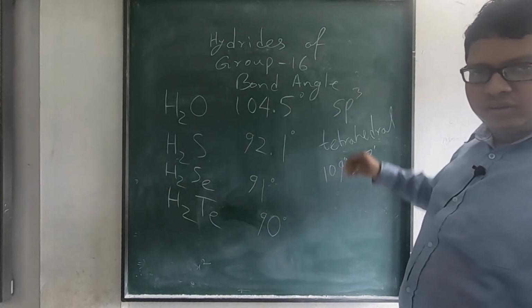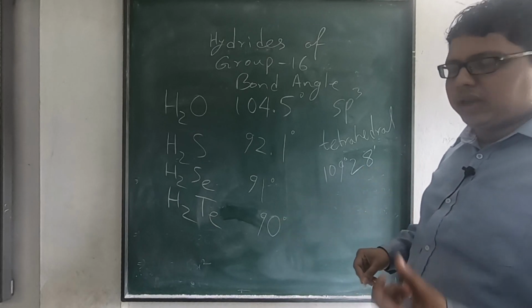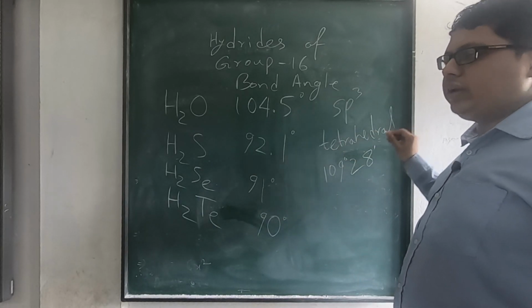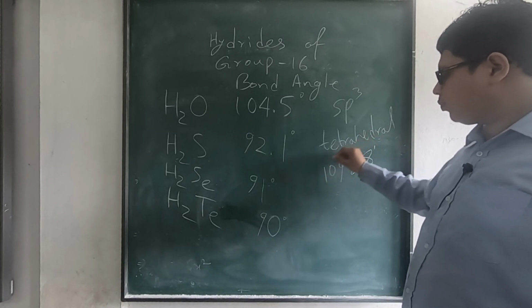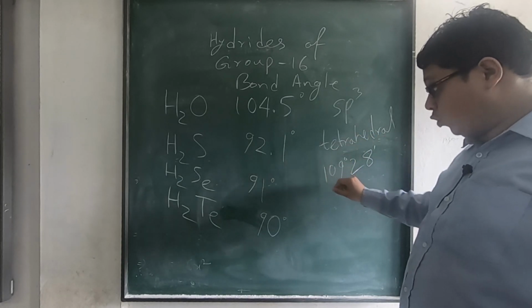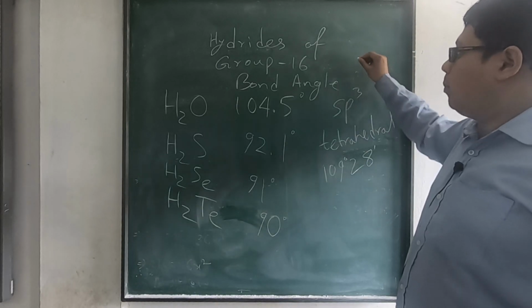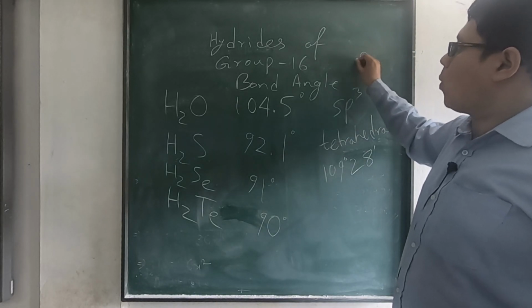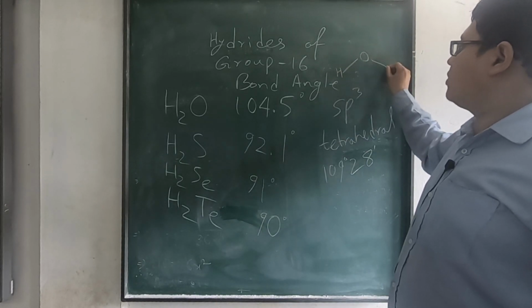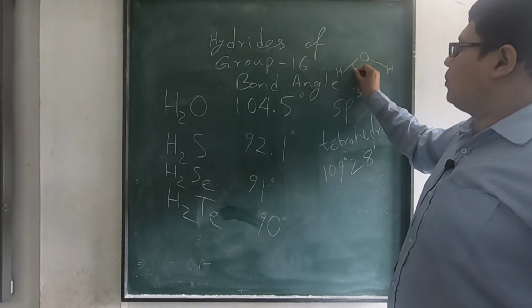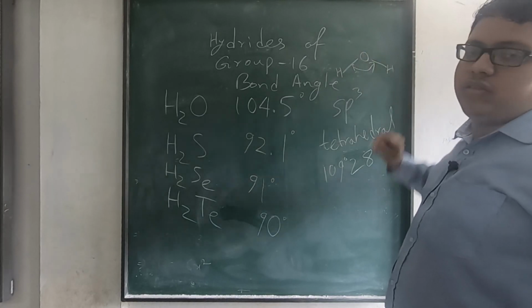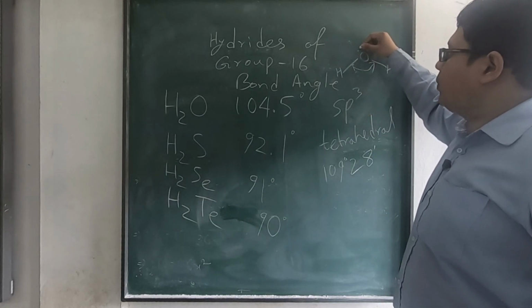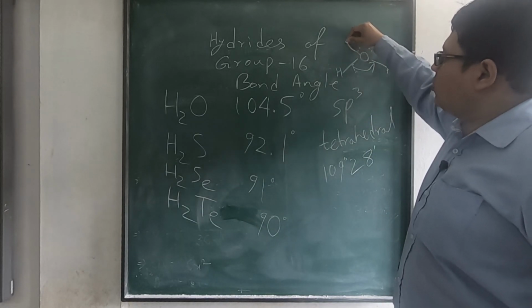sp3 is the hybridization, we just saw how to calculate that, and we know that it corresponds to tetrahedral geometry, and it is supposed to have this bond angle. This angle I'm talking about, H-O-H, should have been how much?